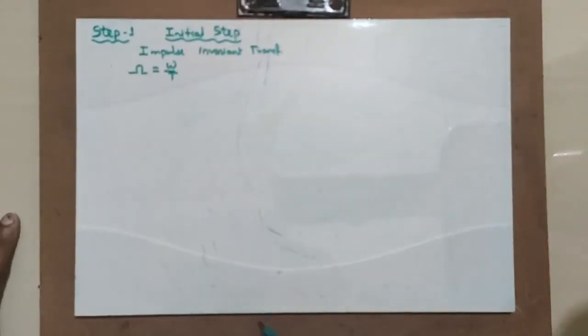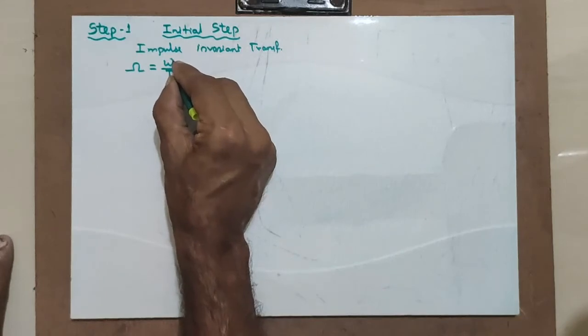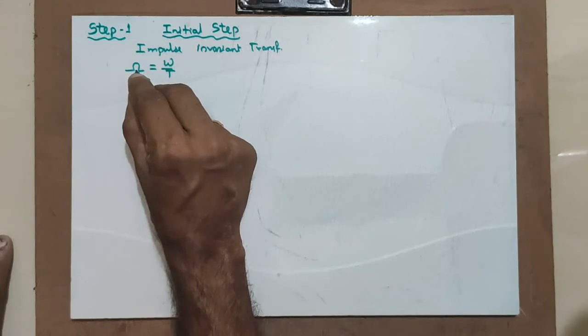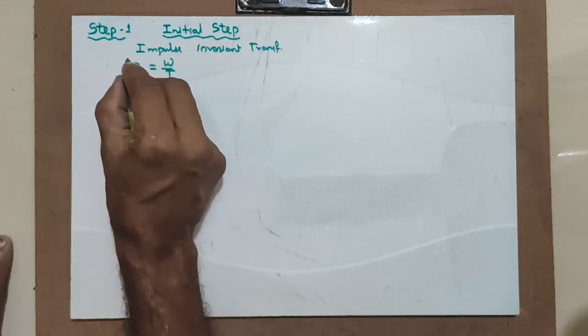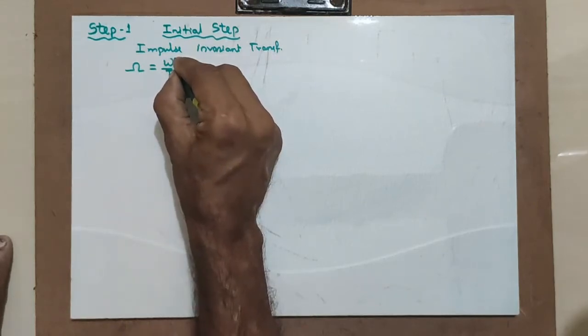Here W is the digital domain frequency and omega is the analog domain frequency. Using this initial step, W is given to me and I shall convert it into omega.